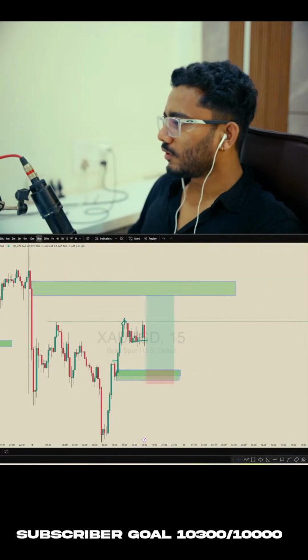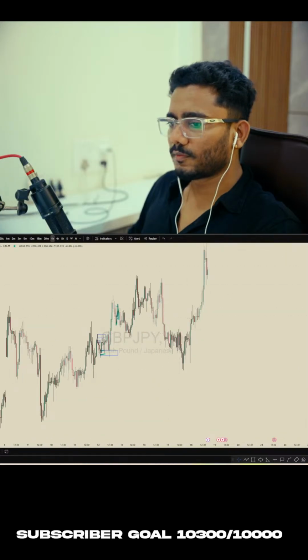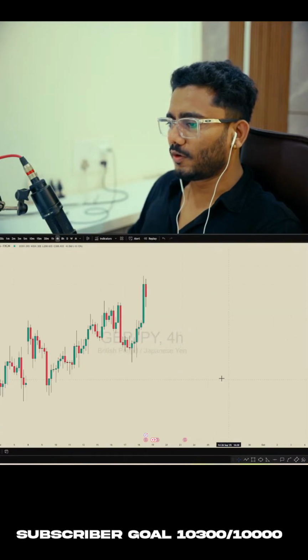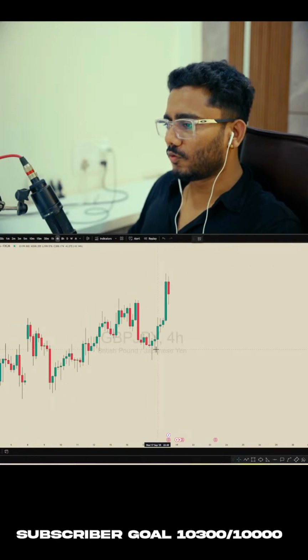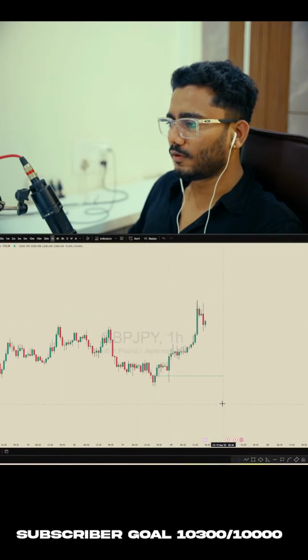GJ is continuing to the upside, so maybe we can look for buy side on GJ. If we look at 4 hour, price took out this low, and then it continued bullish, breaking the structure to the upside.